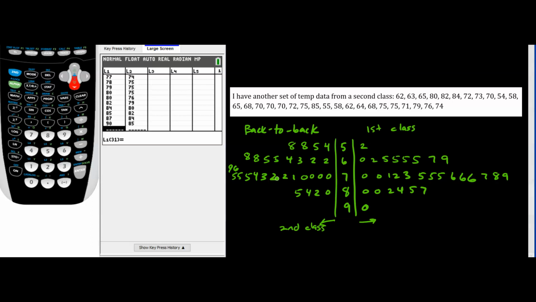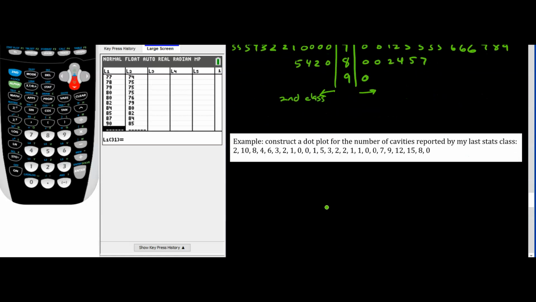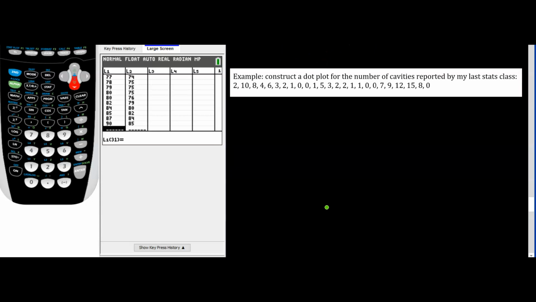Okay, now let's take a look at a dot plot real quickly. A dot plot is another very simple way of displaying your data, and it's probably even less work than what we just did with the stem and leaf plot. So in this example, I said, let's construct a dot plot for the number of cavities reported by my last stats class. And so here's a number of data points, and these just represent the number of cavities.